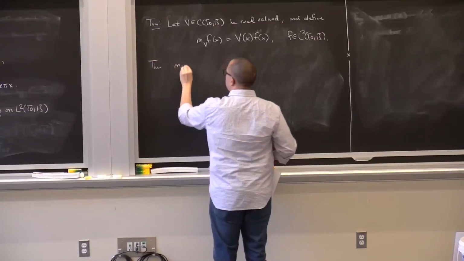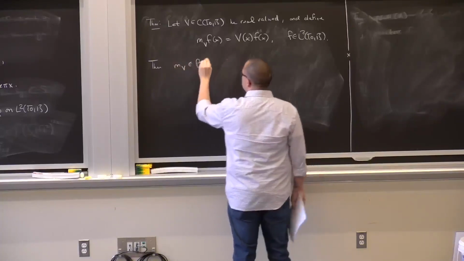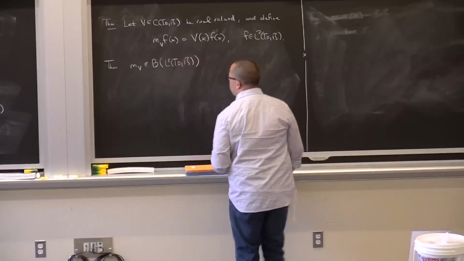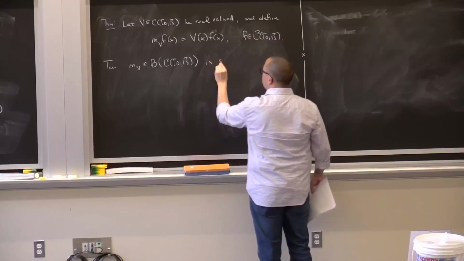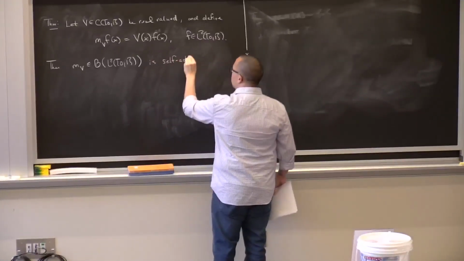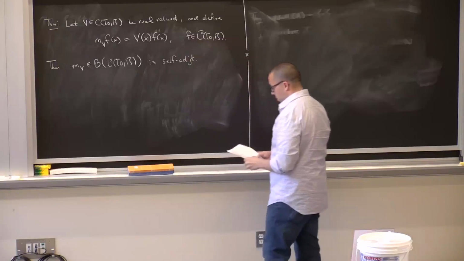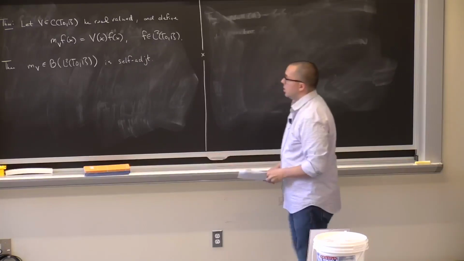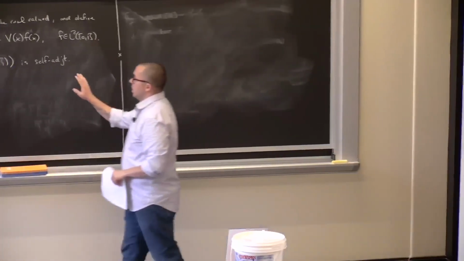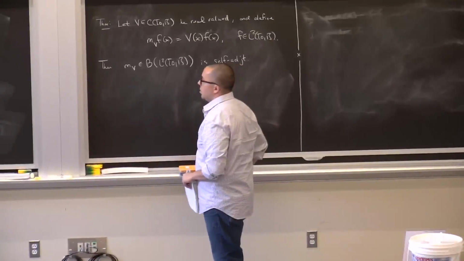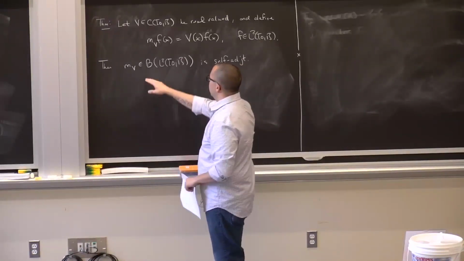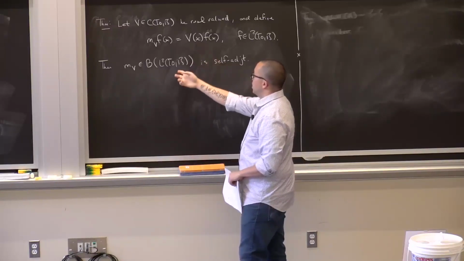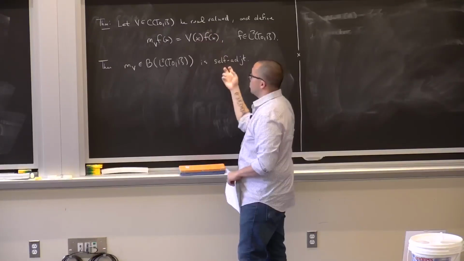Then this is a bounded linear operator on L2, and it's self-adjoint. I'm actually going to leave this as an exercise. It's not too difficult to prove. Again, just multiplying by this function, which is continuous and bounded, gives you boundedness automatically, and the fact that it's real valued will give you the self-adjointness.